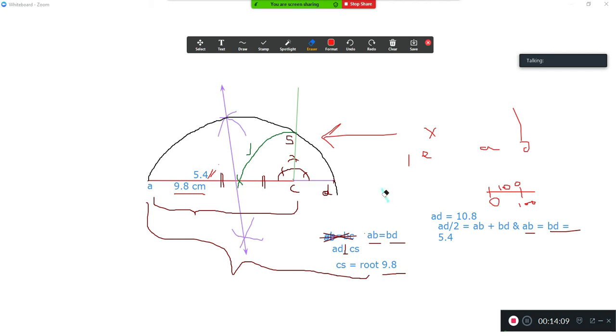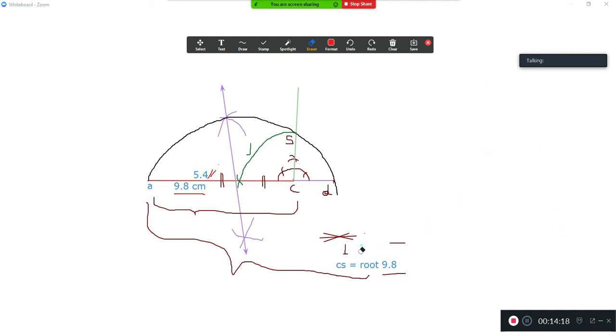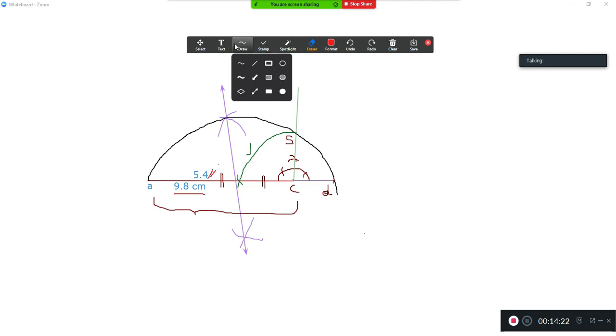So the final thing is that after doing everything, we must remember that our construction must be in the inwards direction.